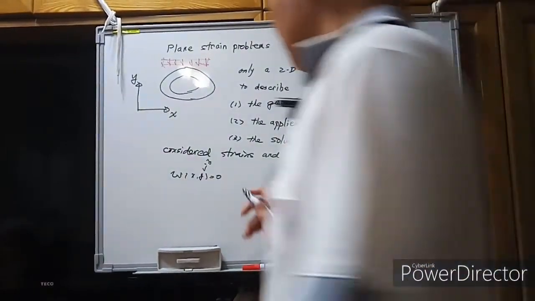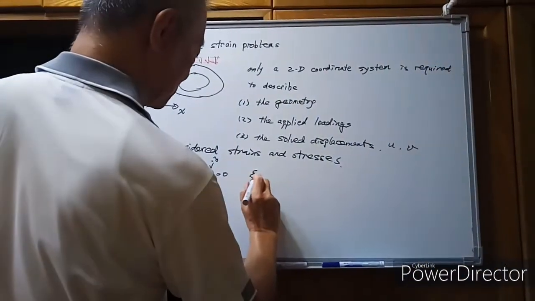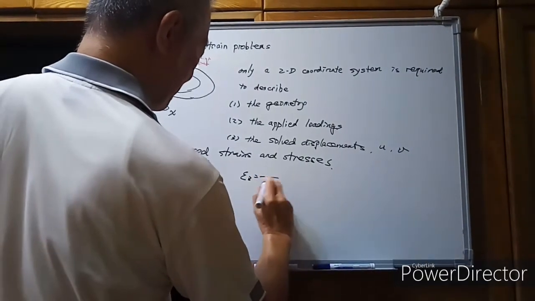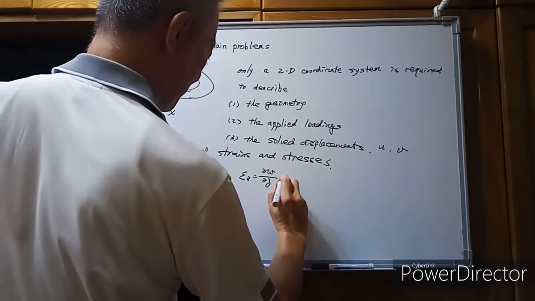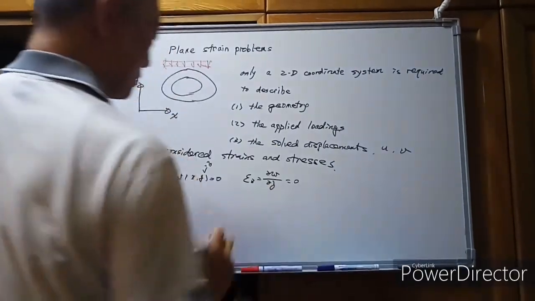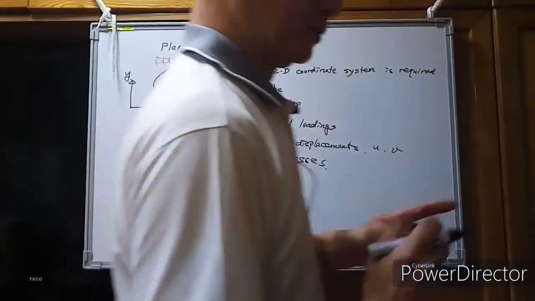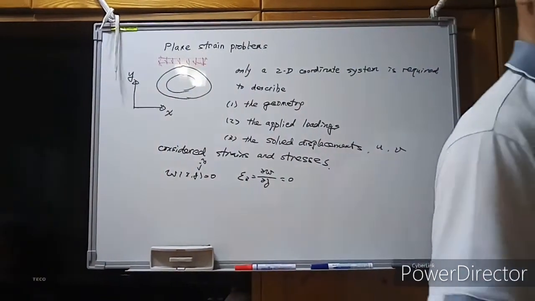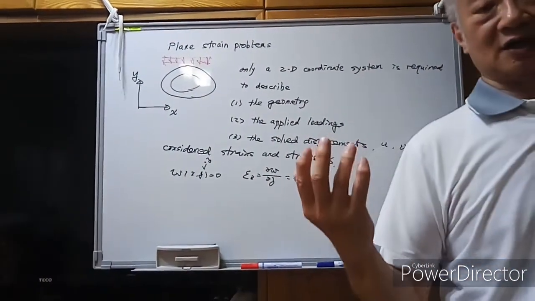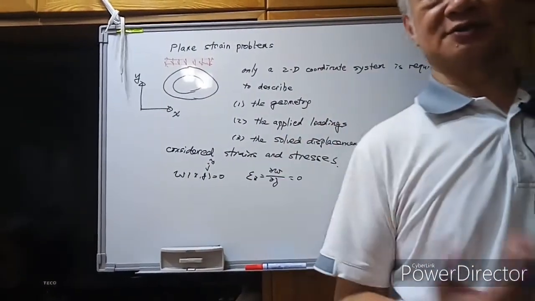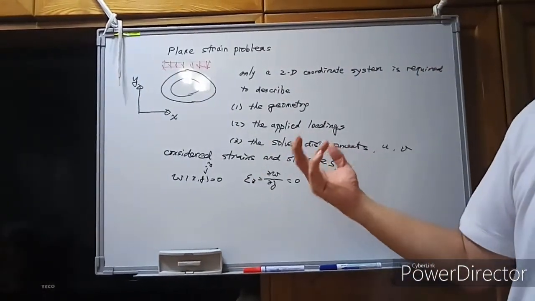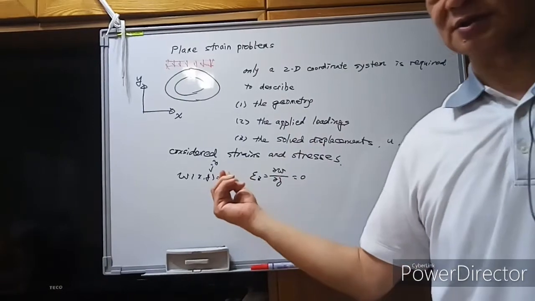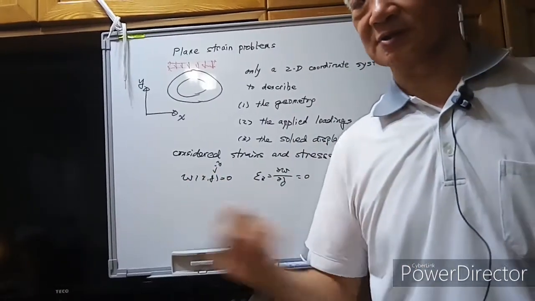So in this case, the epsilon z, since w is a constant, if we take the partial derivative of w with respect to z, it is also equal to 0. Since w is always equal to 0, it is a constant.